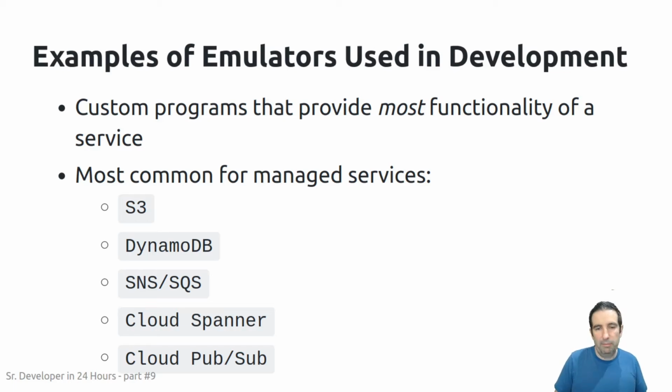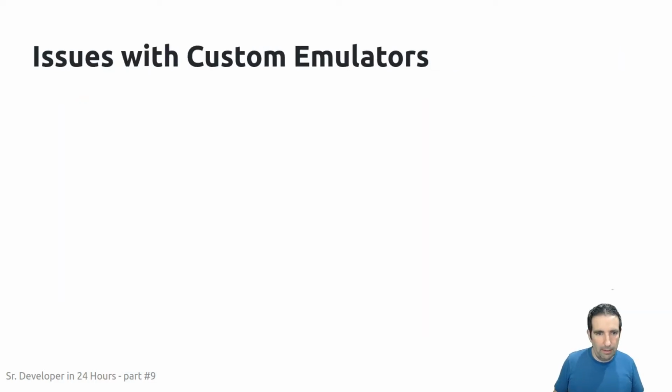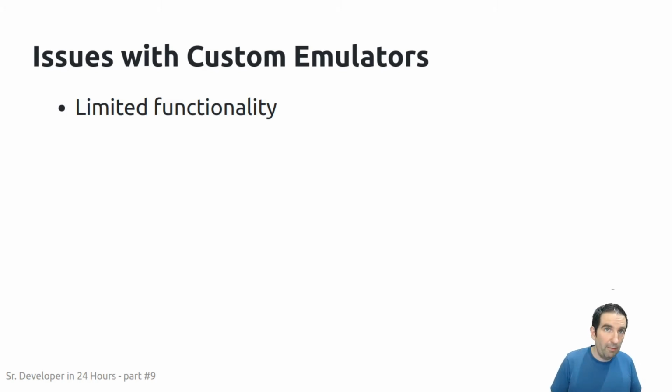There are some emulators that can provide very similar functionality that you can run locally. Of course, they also have their own issues. Limited functionality. Functionality tends to be significantly more limited than when you're running a local instance of an actual database.